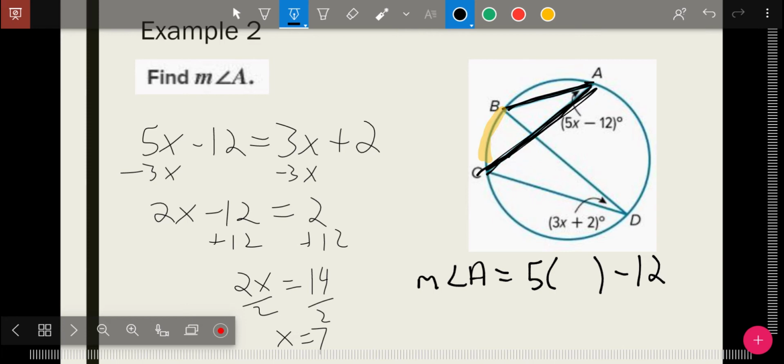So you have to plug it back in. And you get 5 times 7 is 35, minus 12 is 23. Which also means angle D is 23, which also means arc BC is 46. So those are things you know once you have x.